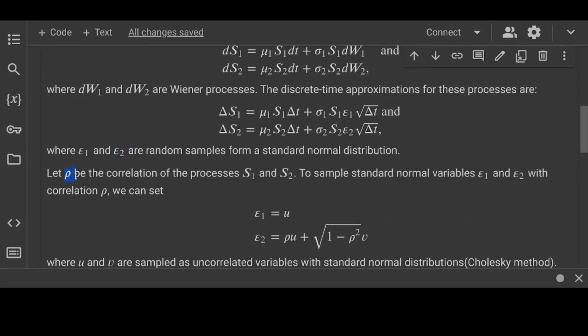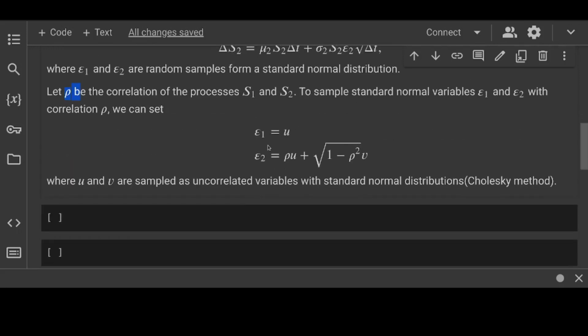Let rho be the correlation of the processes S1 and S2. Then to sample standard normal variables epsilon 1 and epsilon 2 with correlation rho, we can use the Cholesky decomposition method, which is given as follows: epsilon 1 is equal to u and epsilon 2 is equal to rho times u plus the square root of 1 minus rho squared times v, where the two variables u and v are sampled as uncorrelated variables with standard normal distribution.